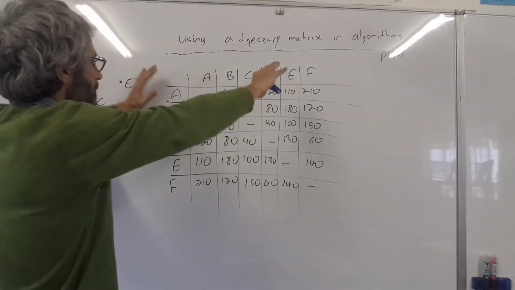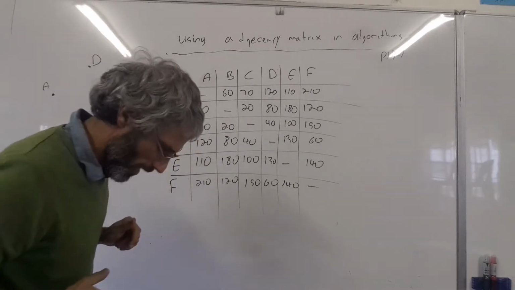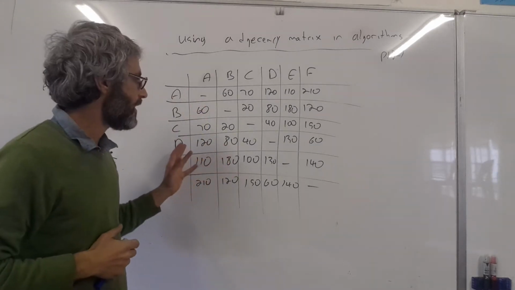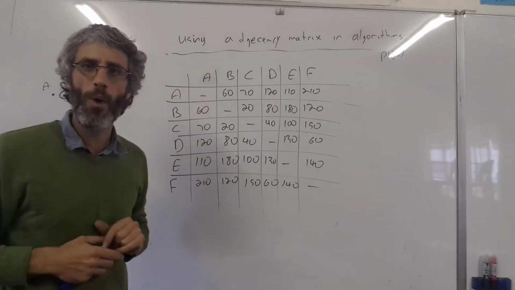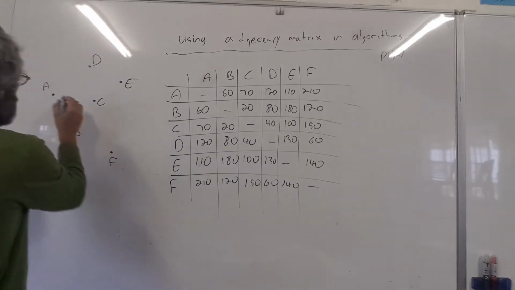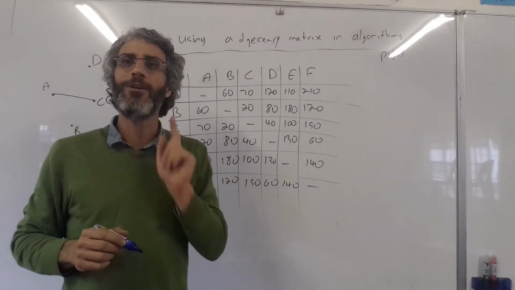So we've got a matrix here, and one of the first things we can look at, and it's quite obvious, is that the graph it represents is a weighted graph. A weighted graph, if you remember, is when the edges have numbers on them, but it's a non-directed graph.